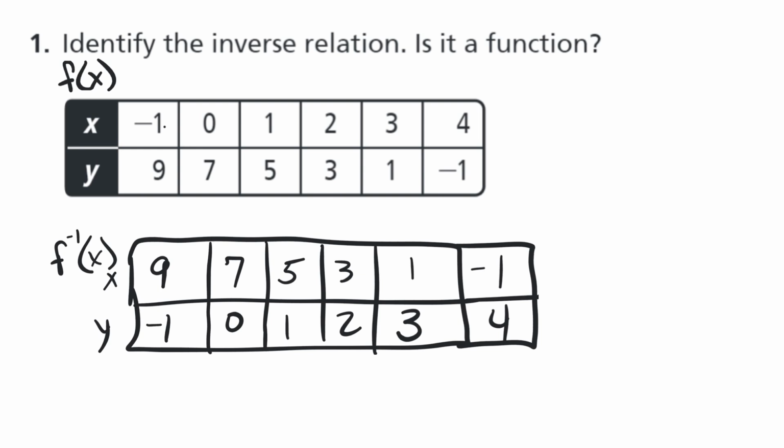It's always a really good idea to compare tables, and you should have inverse ordered pairs if these are inverse functions. Now let's justify if this is a function. Well, we do not have a repeat of any of our x values, so therefore this inverse is also a function.